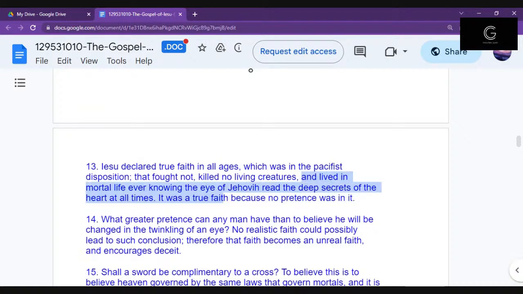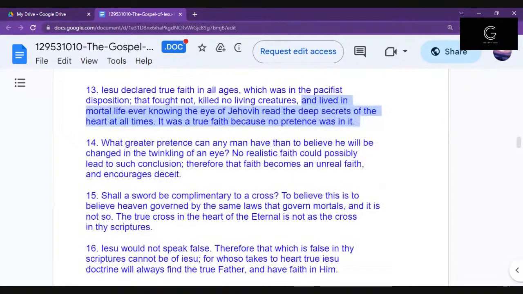And lived in mortal life, ever knowing the eye of the Creator, read the deep secrets of the heart at all times. It was a true faith because no pretense was in it. What greater pretense can any man have than to believe he will be changed in the twinkling of an eye?